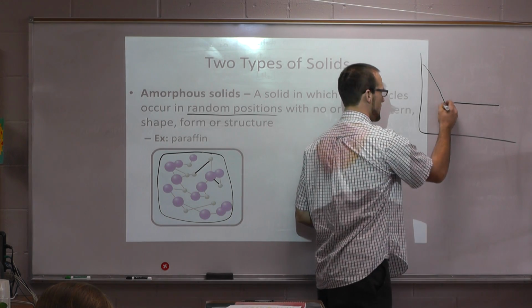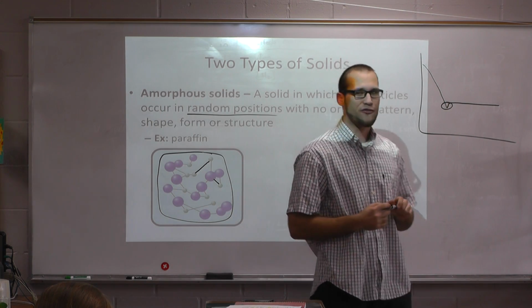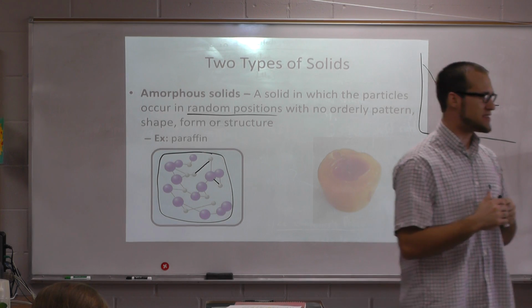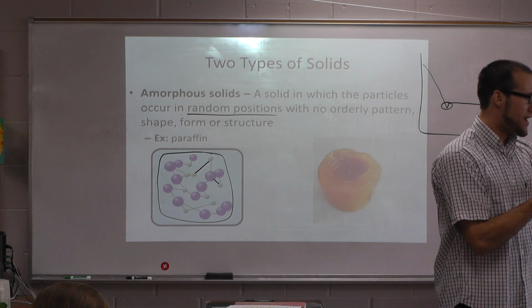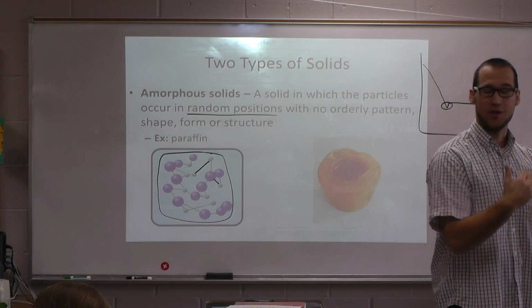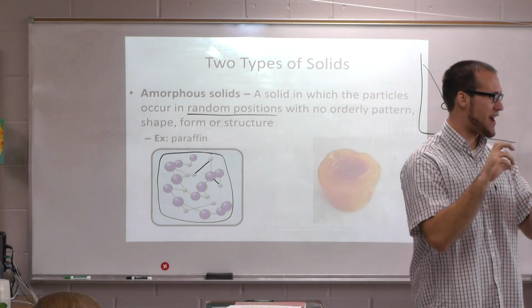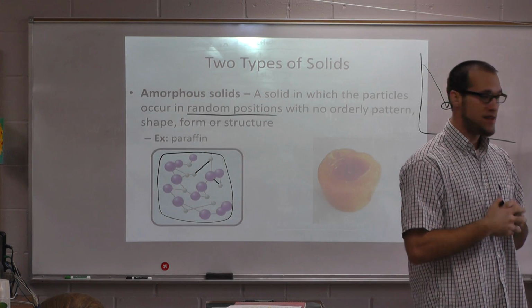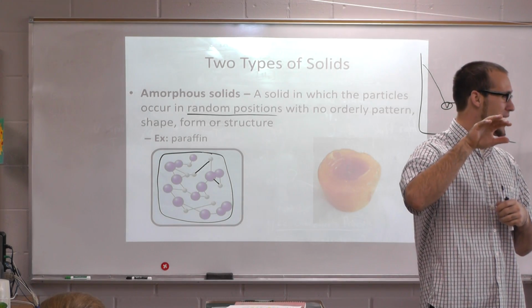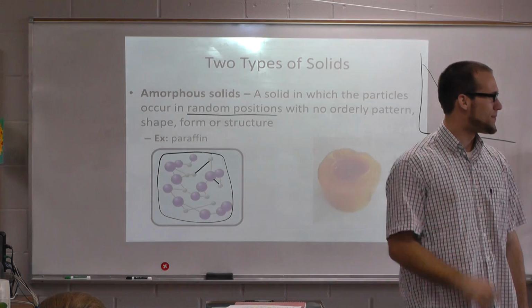The reason it goes below the freezing point is because it has to get in an orderly pattern. So it actually gets below the freezing point while it's trying to order itself in a nice crystalline pattern. And then it releases energy back up to the freezing point and freezes.